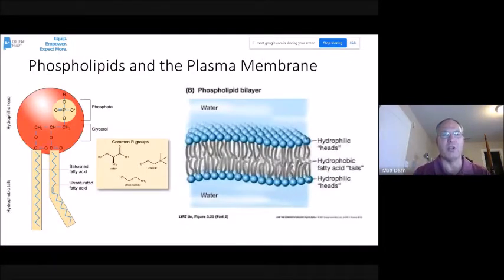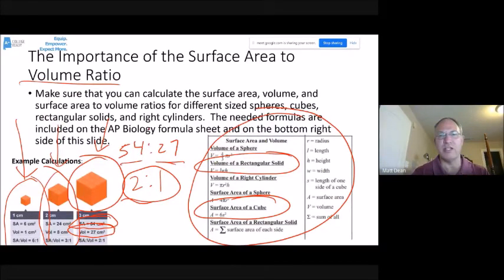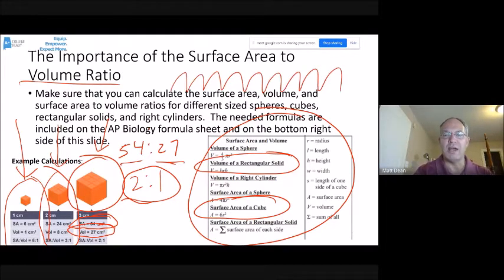There are other adaptations to increase that surface area to volume ratio. One is to be a long and skinny cell, and another is to have surface bumps like that. For example, the internal surface of your small intestine, those cells have these little projections called villi and microvilli.